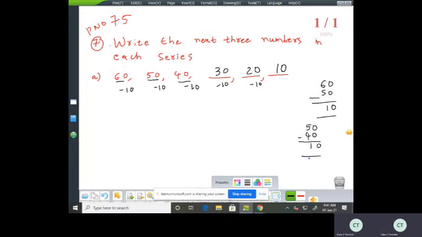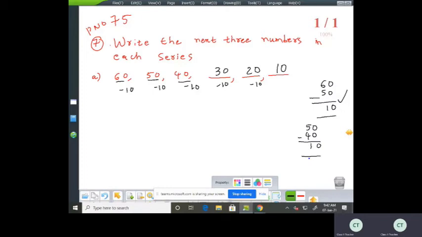Dear children, the given numbers are 60, 50, 40 and 3 blanks. These 3 blanks we have to fill. First we find the difference of two numbers. Difference of 60 and 50 is 10.